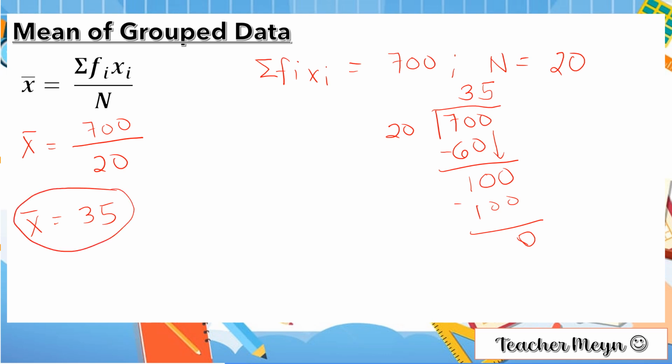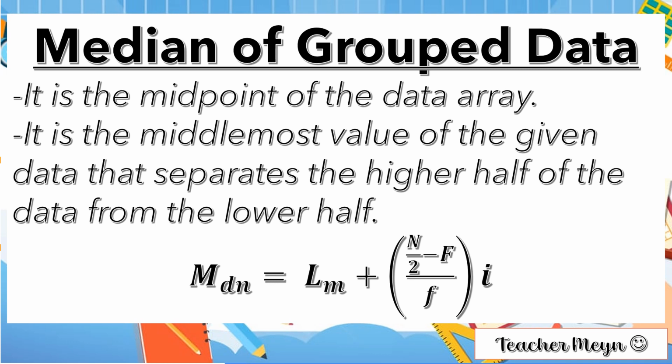So that's it. Next, we need to proceed to the median of group data. The median of group data, by definition, is the midpoint of the data array. It is the middlemost value of the given data that separates the higher half of the data from the lower half.